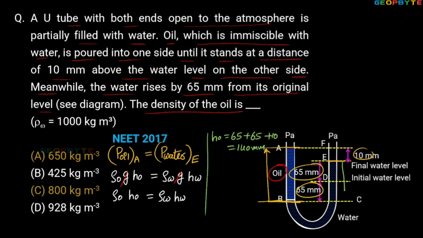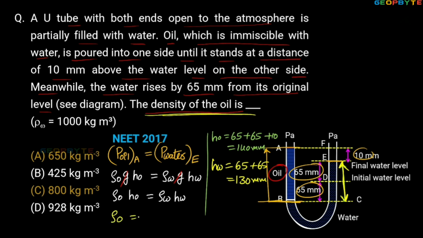Whereas, look at the screen, this is the height of the water. The height of the water is 65 plus 65, equal to 130 mm. Then you are asked to decide the density of the oil.